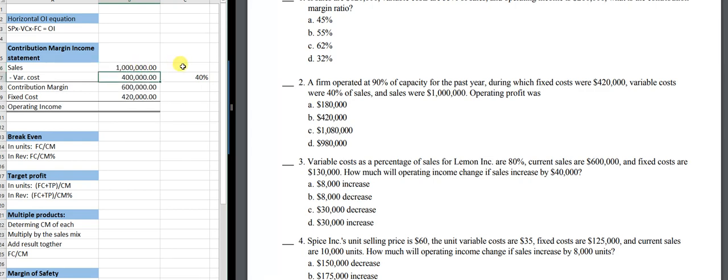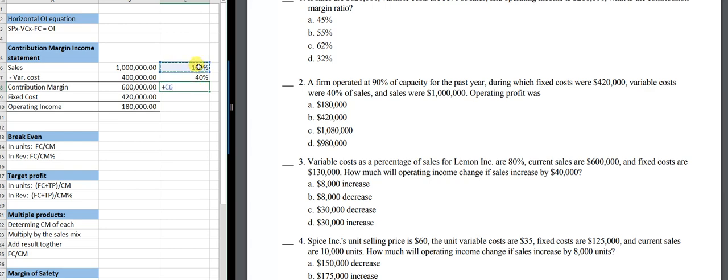I know that sales are 100% there, and that variable costs are 40% of sales, so sales minus variable costs is contribution margin. What is operating profit? I can just subtract, and then you get an operating profit, so 2 must be A, $180,000. Again, they could have asked what my contribution margin ratio is.